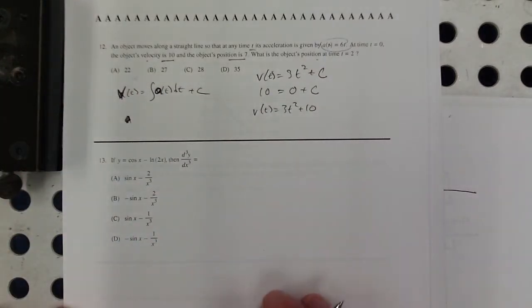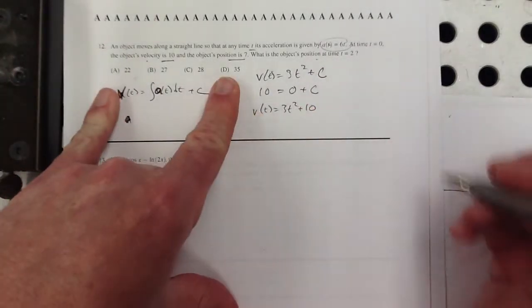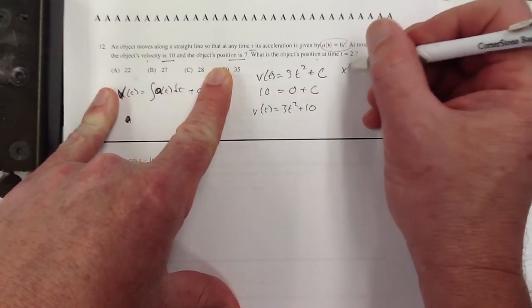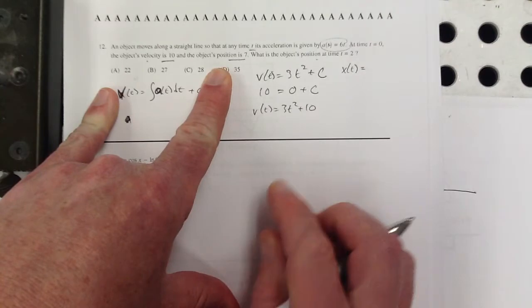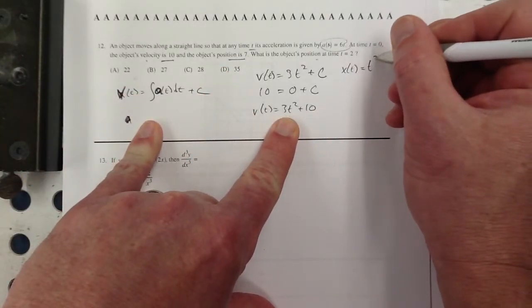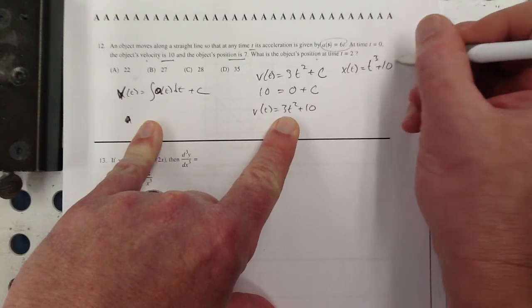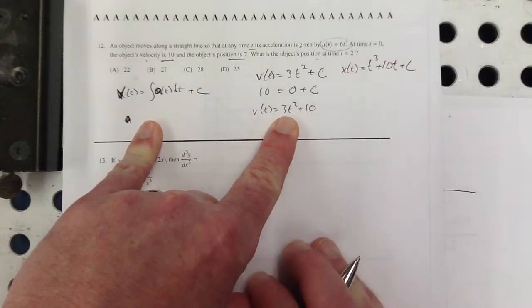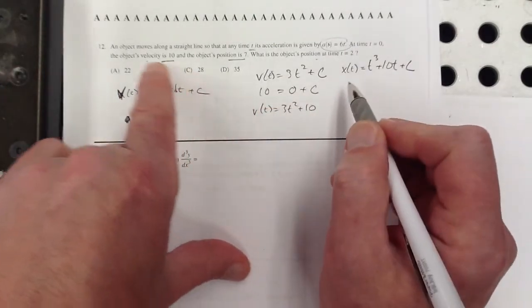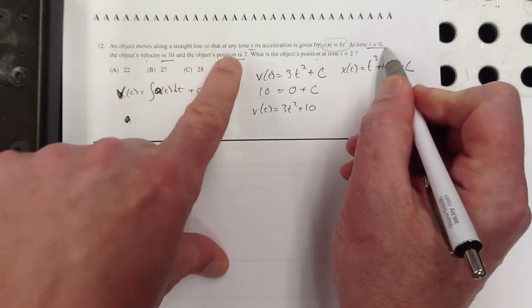And then if I want to get back to the position, position is the antiderivative of this, which is t cubed plus 10t plus c. And I know that at time 0, the position is 7.